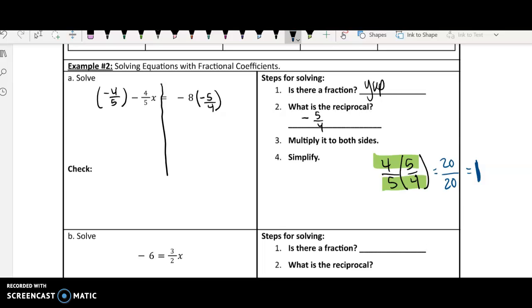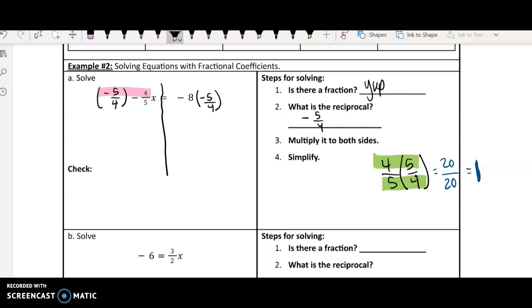So over here, negative 4 times negative 4 is going to be negative 16. I wrote it wrong on the side. Woo! Glad I noticed that one. I meant to write 5 over 4 here. There we go.